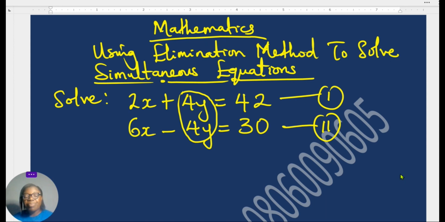Now, what is the rule behind either addition or subtraction? You need to look at the variable you want to eliminate. We have plus 4 and minus 4. When the signs are different, you should add.